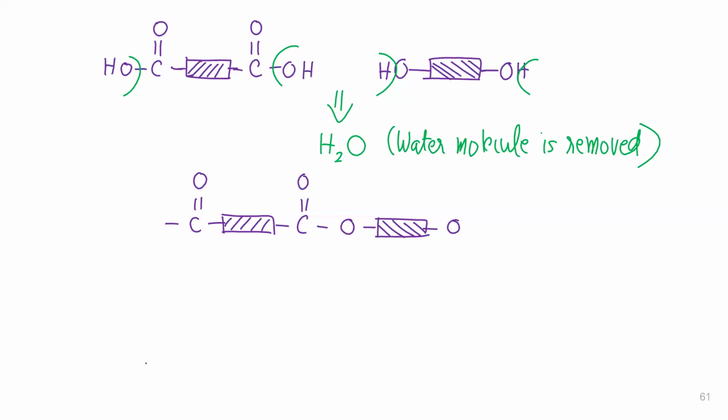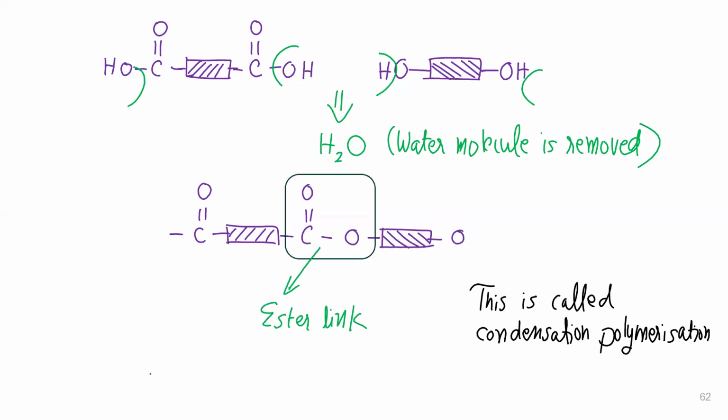Yeah, copy this. Now, I have made a block. This COO part is called the ester link. This is called condensation polymerization, and this box is called the ester link. What is the ester link?